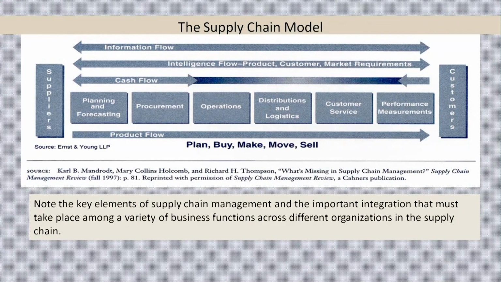So, we are therefore in supply chain model looking at all the activities related to planning, buying, making, moving, selling, everything. Even the act of final delivery and acceptance, etc., are also part of the supply chain in case of B2B.